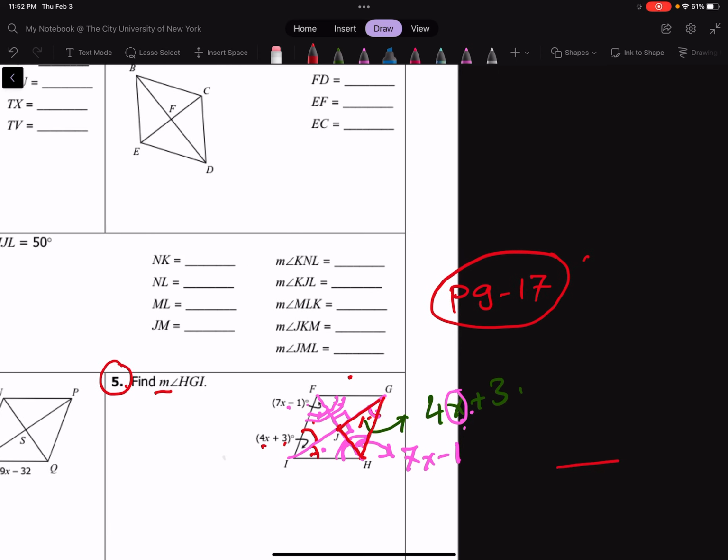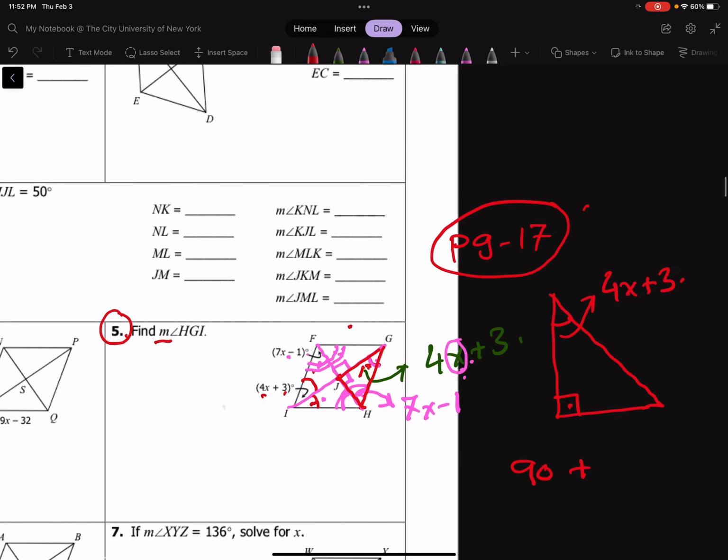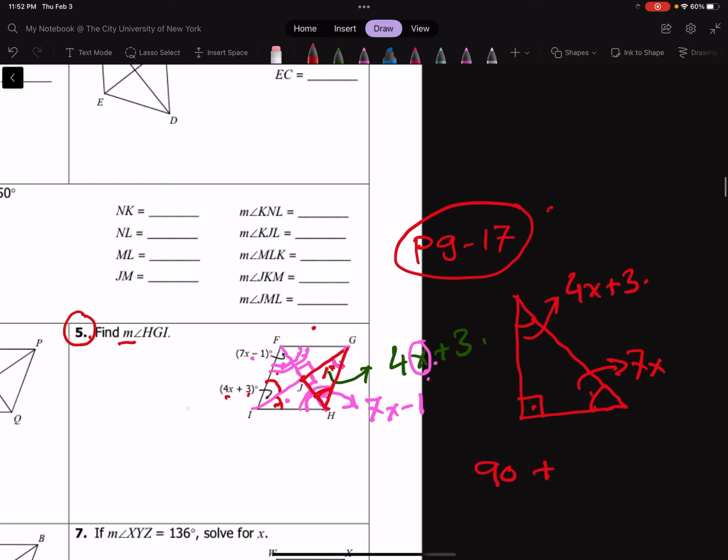If you draw it outside as a separate triangle, you have a 90 here, plus this angle here, which is 4x plus 3, and this angle is 7x minus 1.